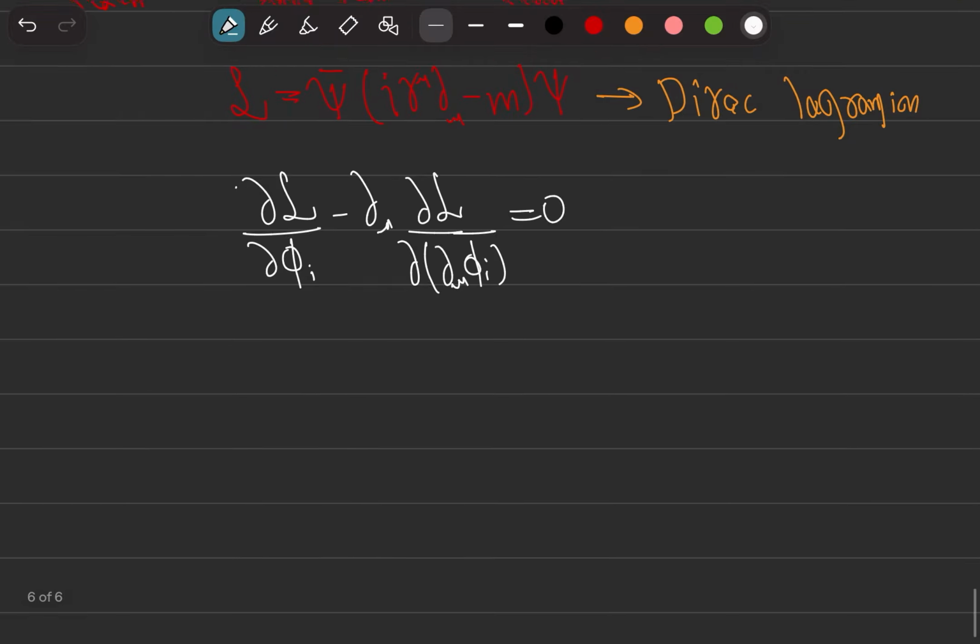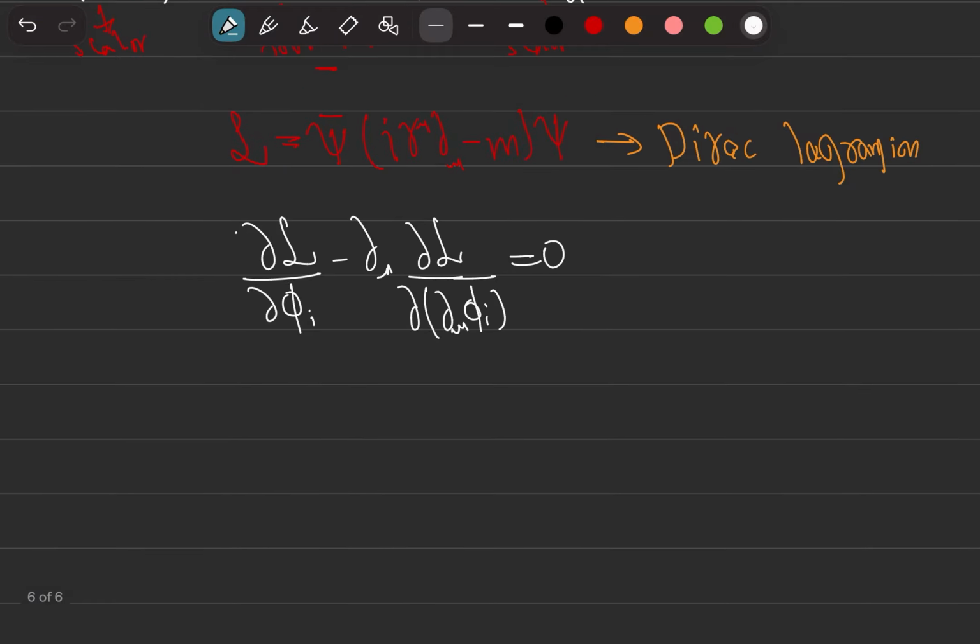So let's first find the equation with respect to psi, by varying psi.